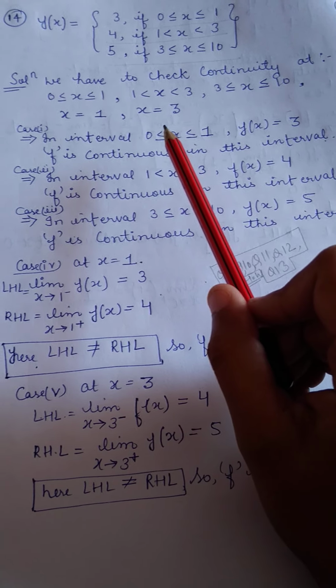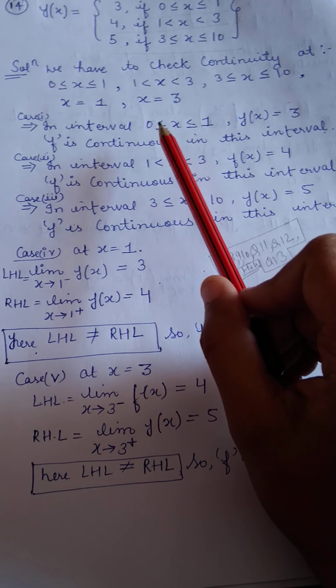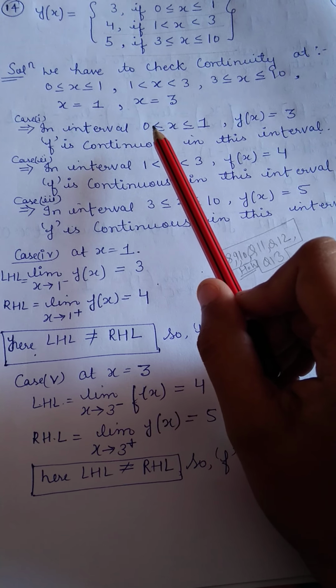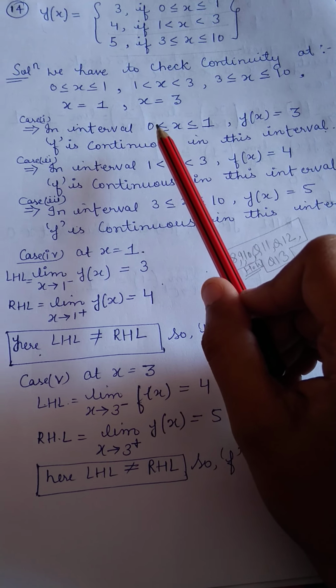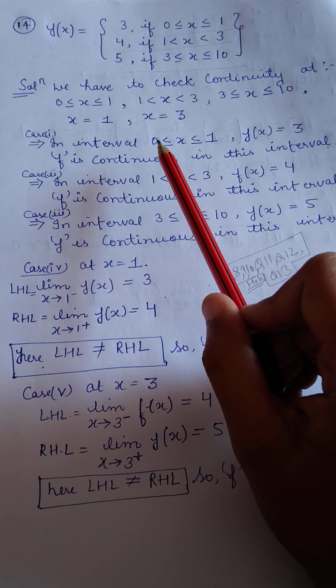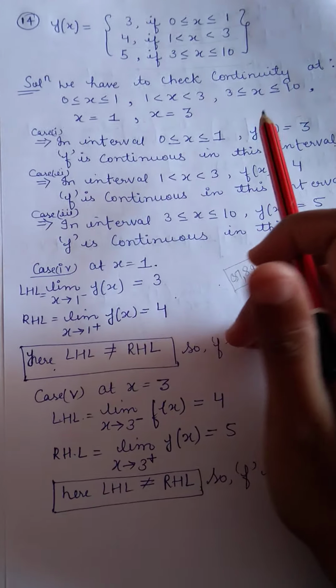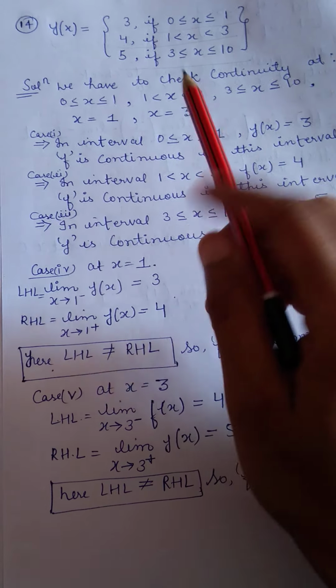Now बच्चे, as I have already told you, first of all we always have to find the points where we have to check the continuity. So according to the question, I got 5 places where to check the continuity.